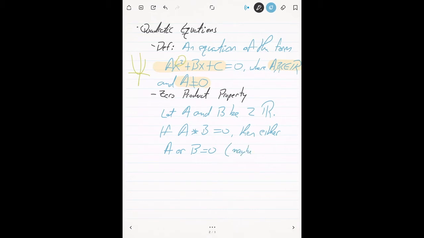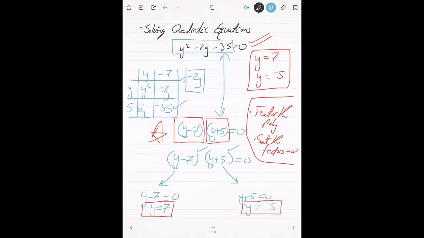Maybe they both do. But this is what the zero product property is. We're saying the only way that you will be able to get 0 when multiplying numbers together is if one of them is 0. So, when we think about solutions to quadratics, we're saying, what are all the potential numbers you could plug in to make this whole statement true? And we need to find all of those possible solutions. So now we're no longer just solving for one answer, we actually have to solve for multiple answers.